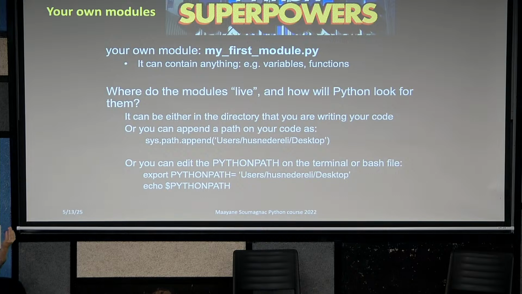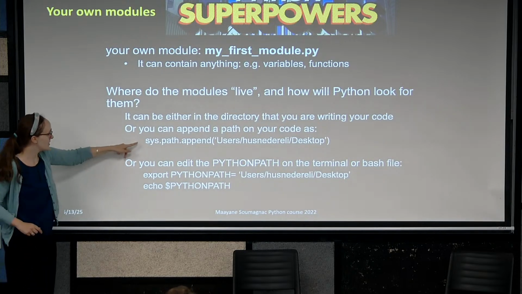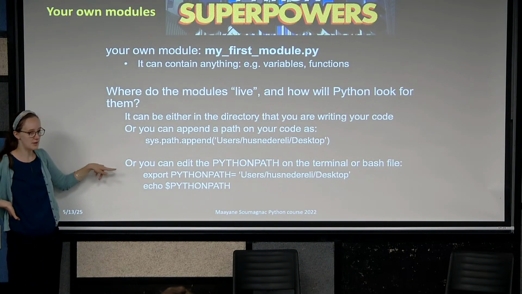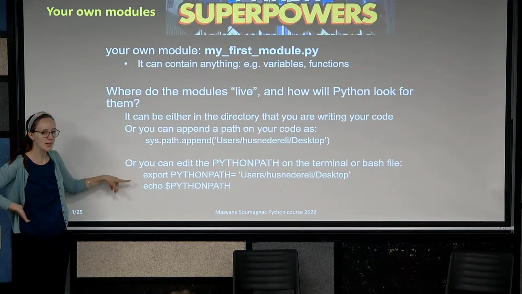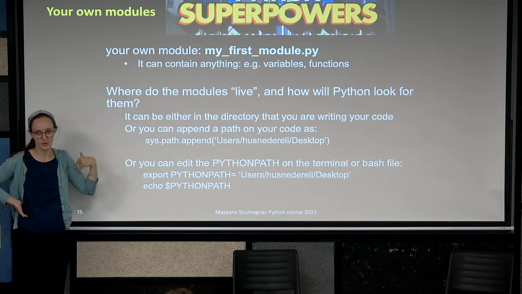It can either be in the directory where you're writing or in another directory, which is given in your sys.path. And you can edit the location where Python is looking for modules. Either you can do it from within your code by using this command, or, and this is much better, you can edit your Python path and then you don't have to redo it from within the code.